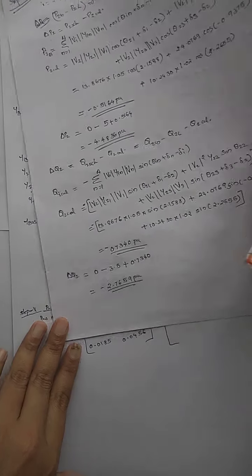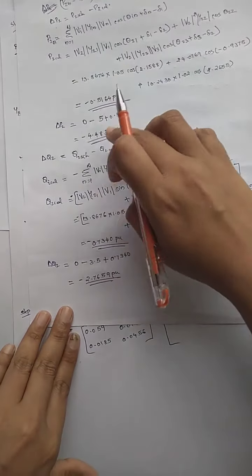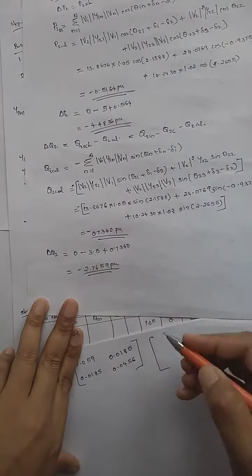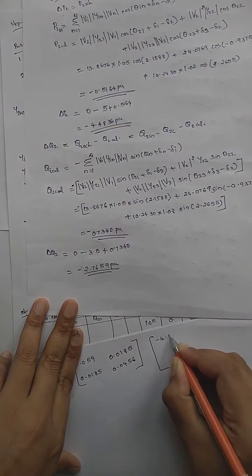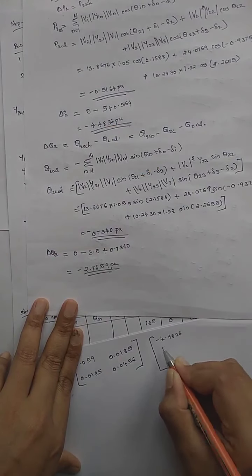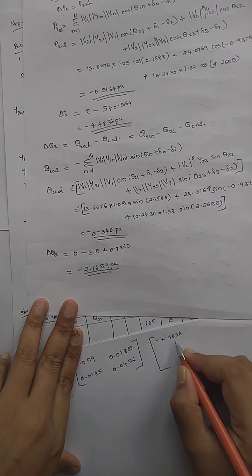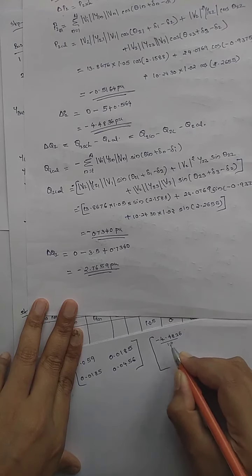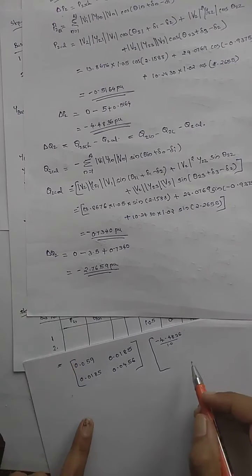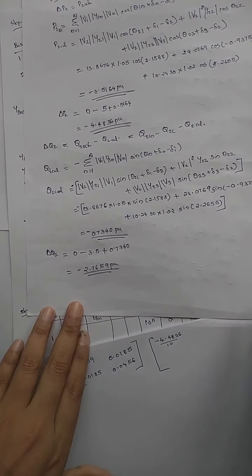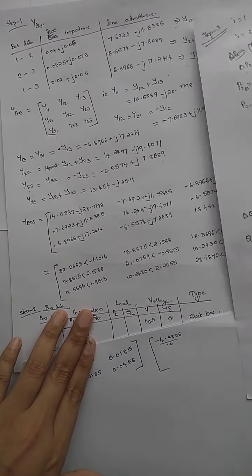Then what is the value of our delta P2? We got it as minus 4.4836 divided by V2, whose magnitude is 1. And what is the delta P3 value?